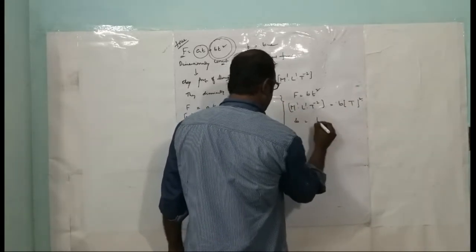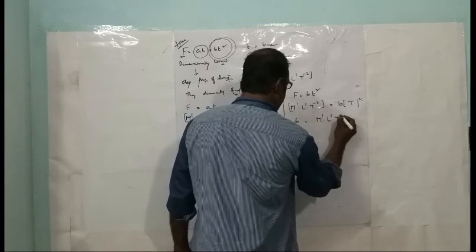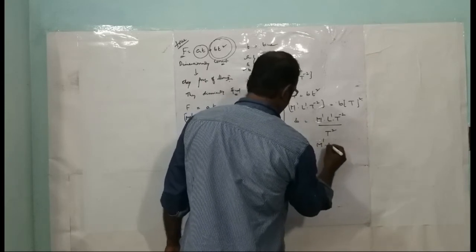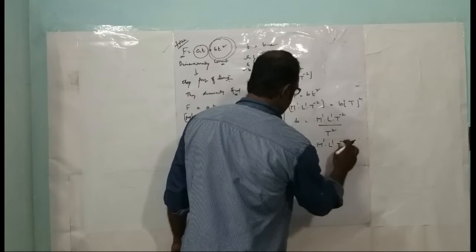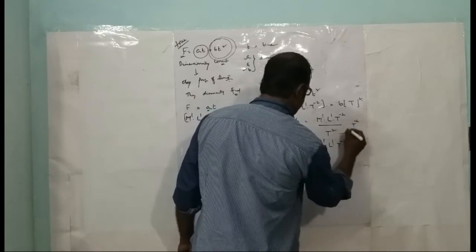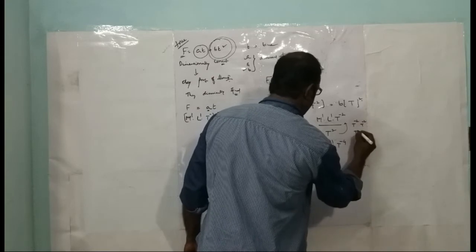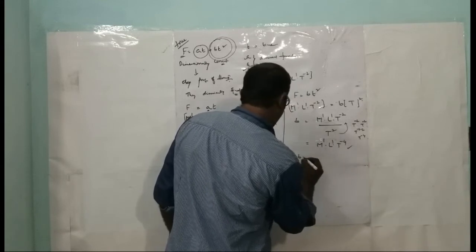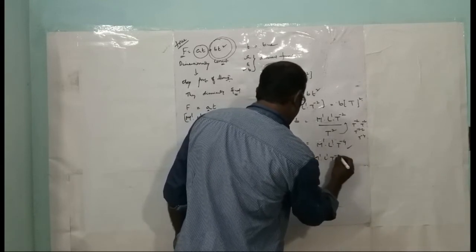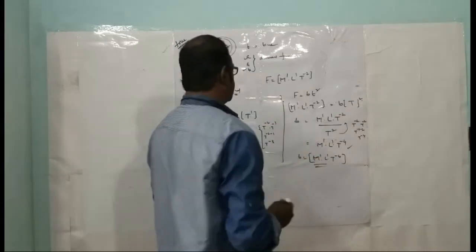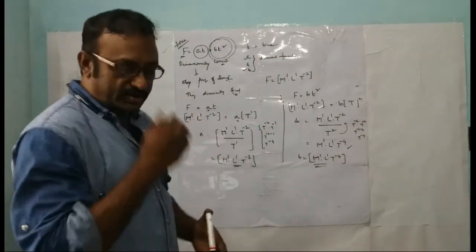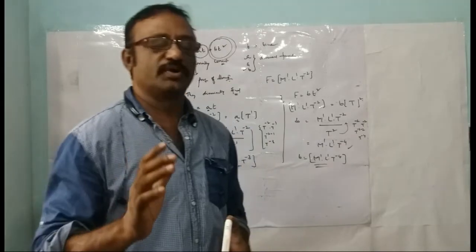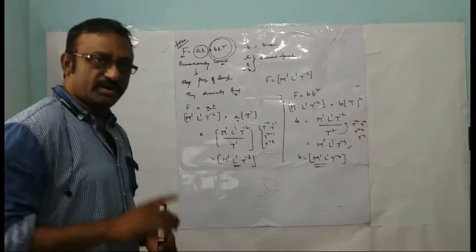So if I want B, it is M¹L¹T⁻² by T². T² goes to the numerator and becomes T⁻². Minus 2, minus 2, minus 4. So the dimensions of B are M¹L¹T⁻⁴. Like this we can find the dimensions of an unknown physical quantity given in an equation using the principle of homogeneity. Now pause the video and take the screenshot.